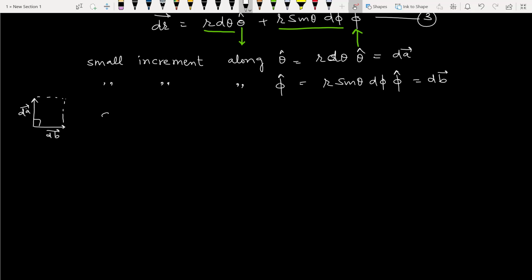So the area element ds vector is given by the cross product.